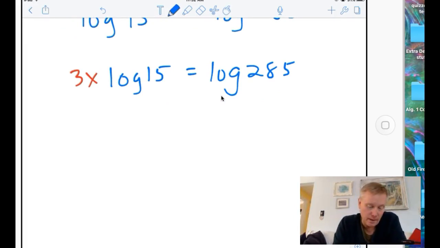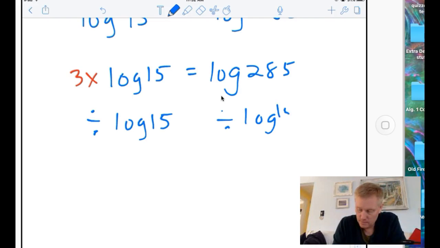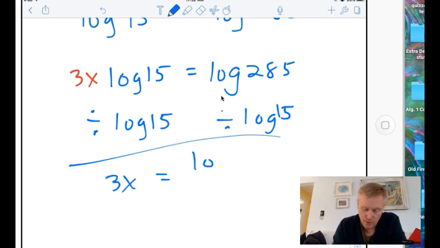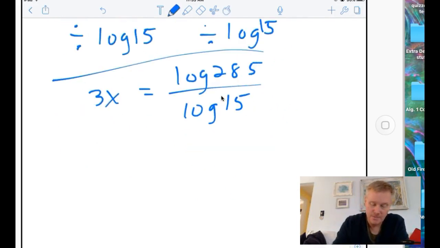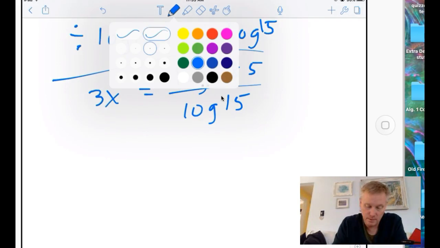Now I want to get the x alone, so I'm going to divide both sides by the log of 15. And I get 3x equals the log of 285 divided by the log of 15. Looks crazy, I know, but it's actually easy to punch it in your calculator.